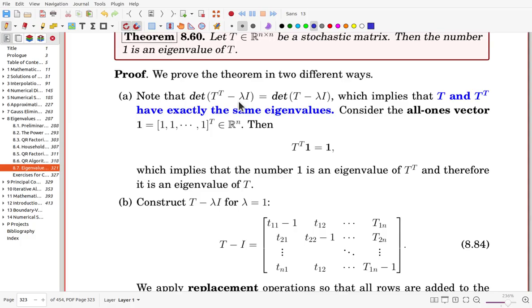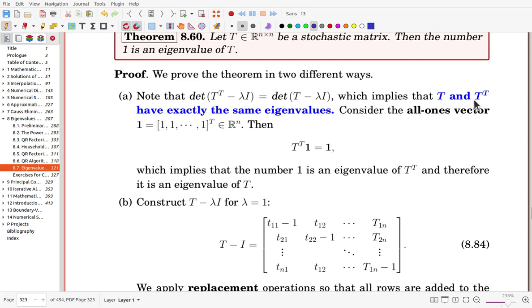That means the characteristic equations are the same, and all eigenvalues are coming from the characteristic equations, so that eventually T and T transpose have exactly the same eigenvalues.